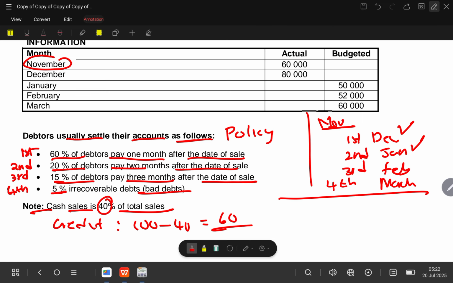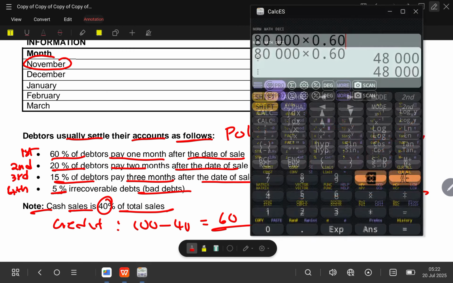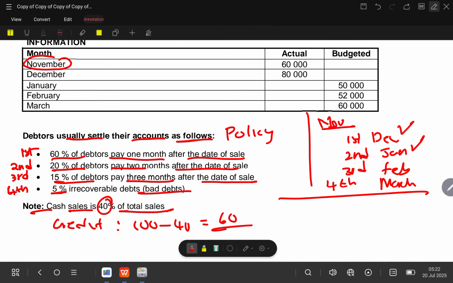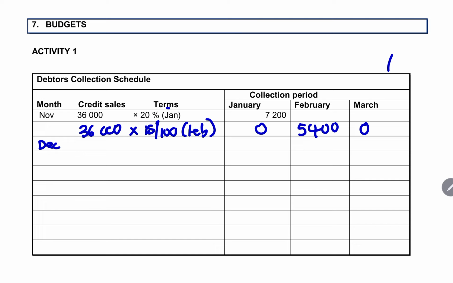Okay, now let's get our credit sales for the month of December. For December, to get our credit sales, we're going to say 80,000 multiplied by 0.60, or 60%, which gives us 48,000. So our credit sales for the month of December are 48,000, right?